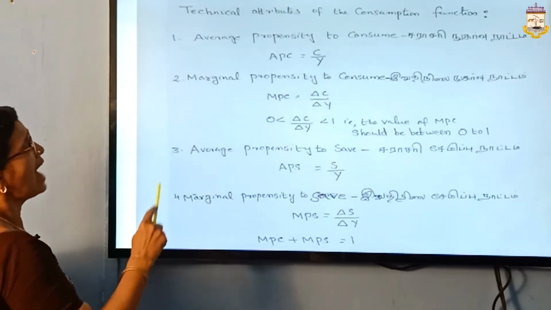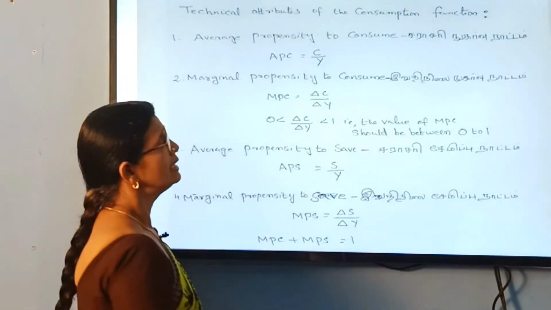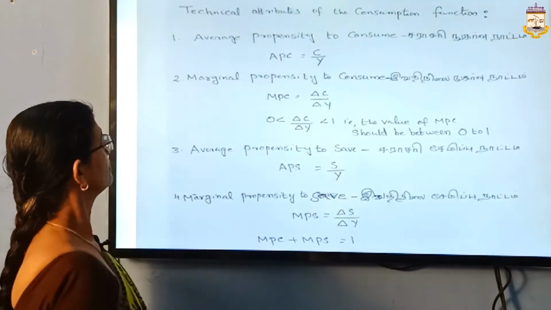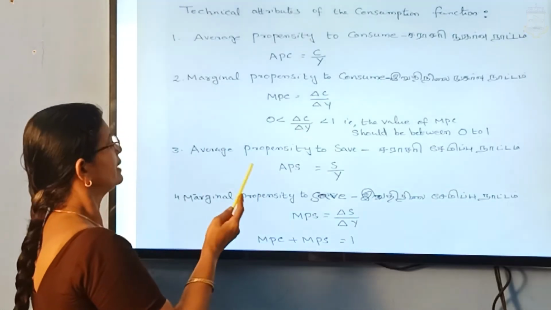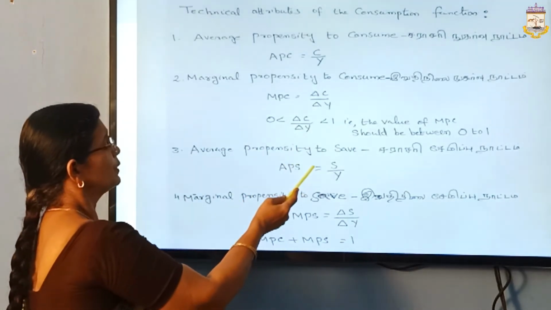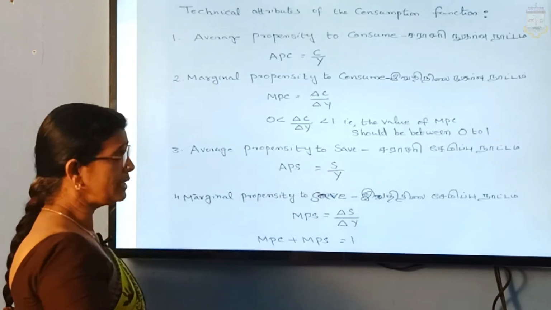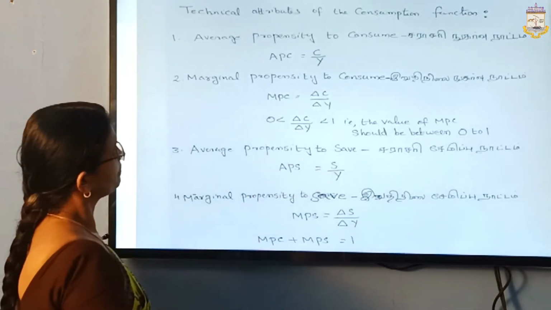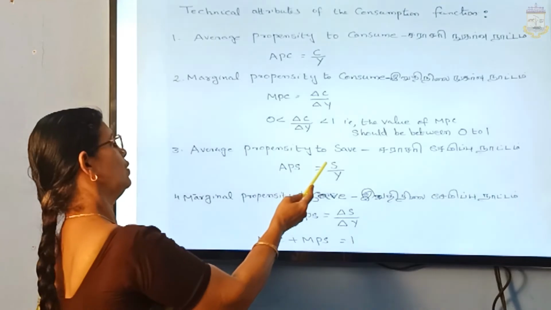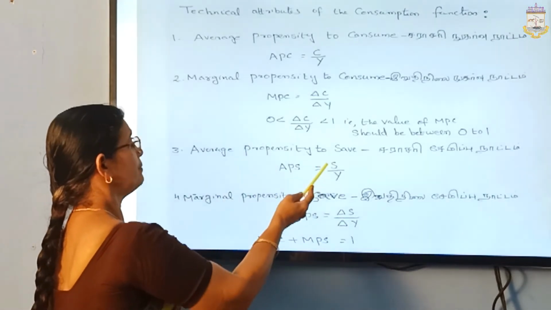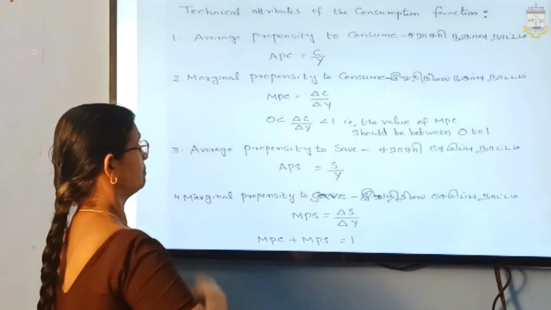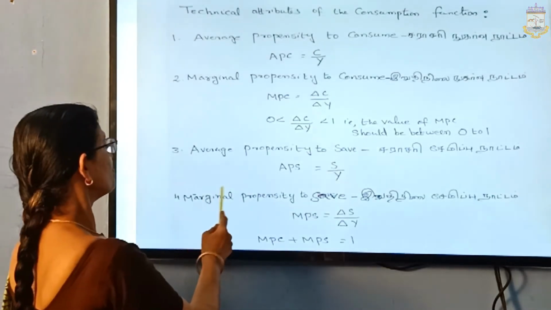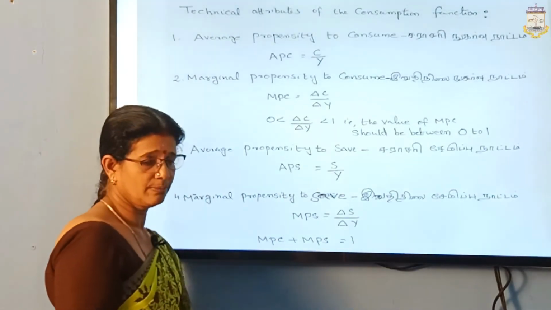Third one, average propensity to save. What is the average propensity to save? It is the ratio between saving and income, that is S/Y, saving by income. Next is marginal propensity to save.